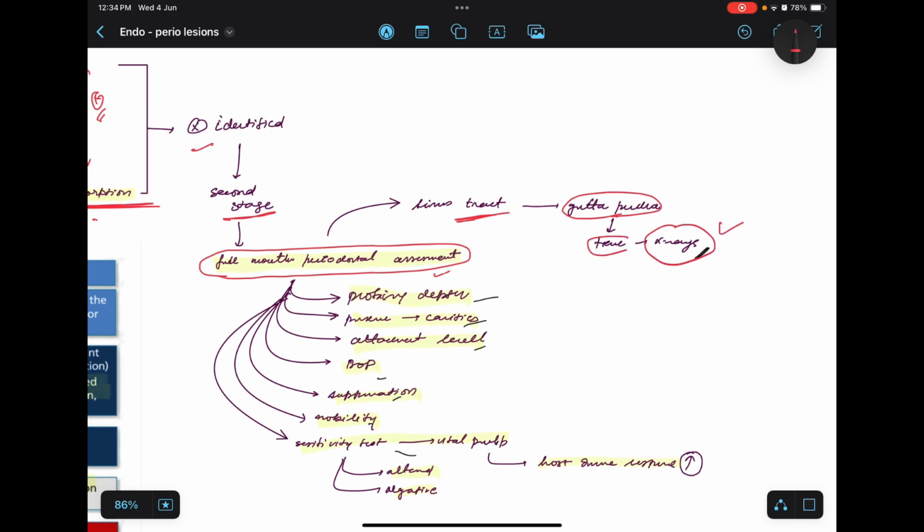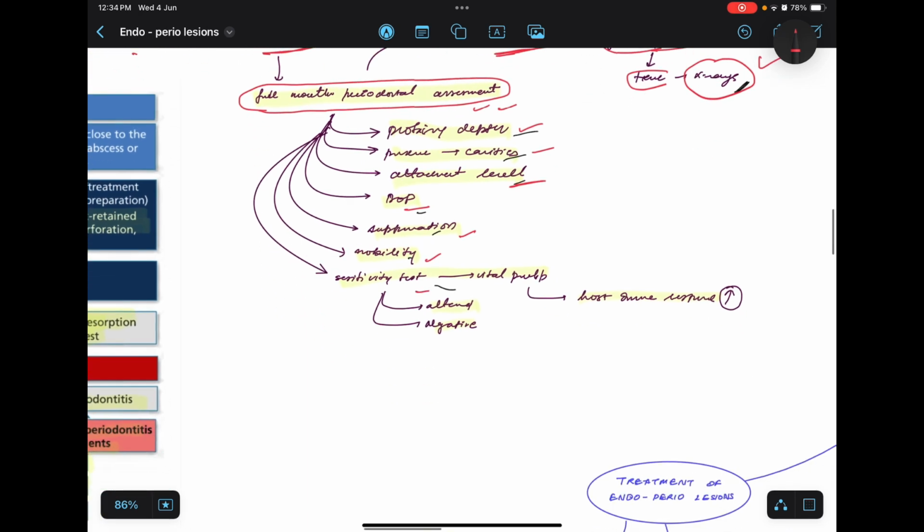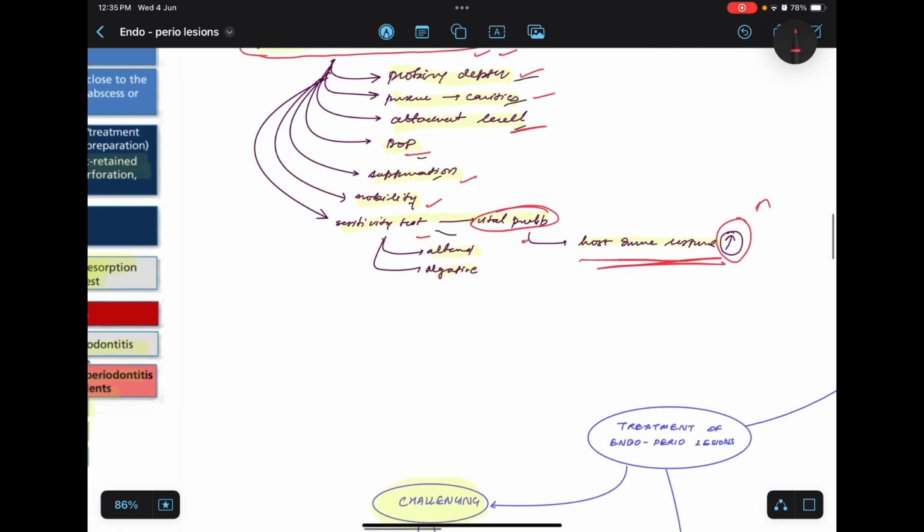That will help you identify the path of that sinus. How do you go for periodontal assessment? Go for probing pocket depths, presence of cavities, attachment levels, bleeding on probing, suppuration, mobility, and sensitivity test, whether the pulp is vital or not. Many times, if the host immune response is very high, the pulp might be vital. Otherwise, in most cases, it is altered or negative.